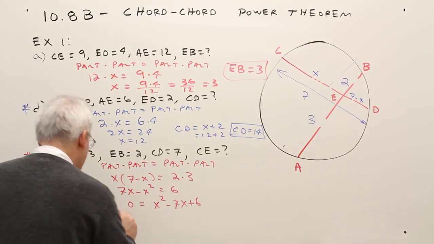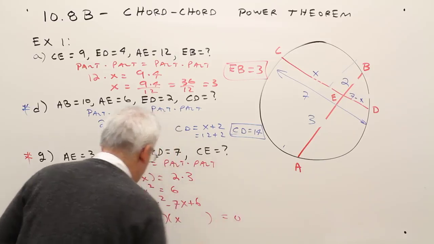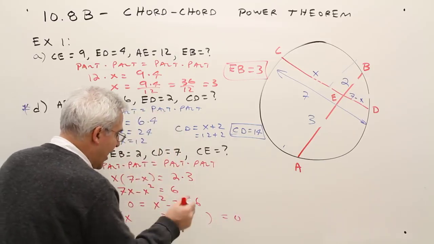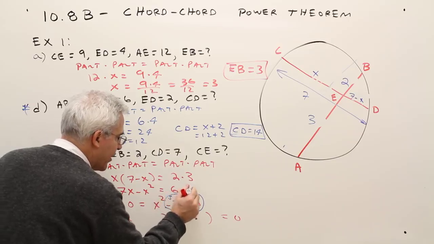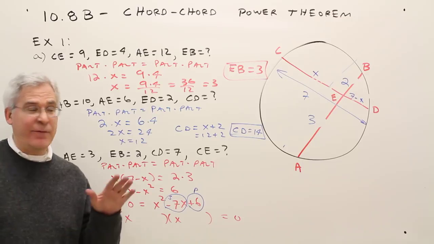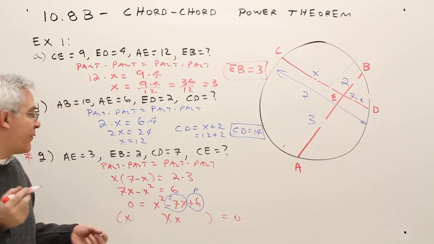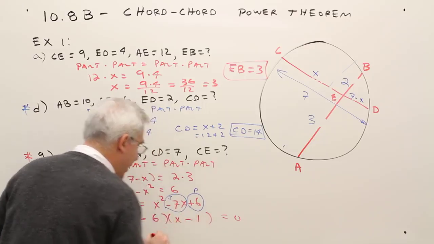All right, so I'm thinking X and X, 2 numbers that have a product of 6 and a sum of negative 7. So I'm thinking it's got to be a negative and a negative. Well, I'm thinking negative 6 and negative 1. So X minus 6, X minus 1.